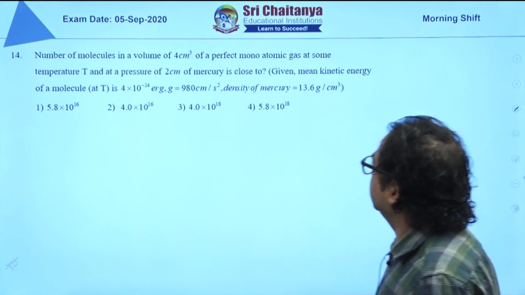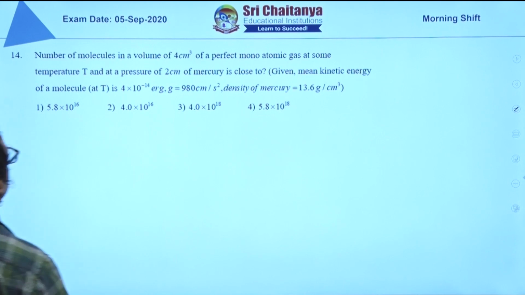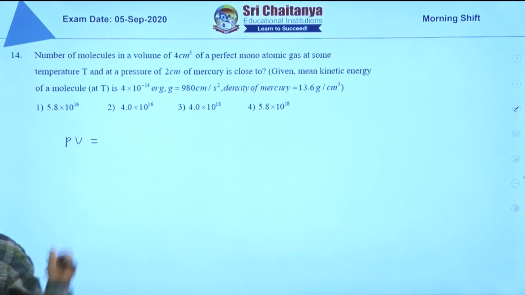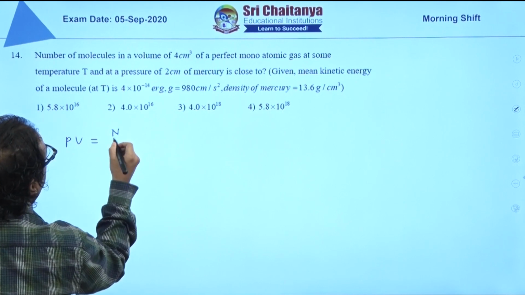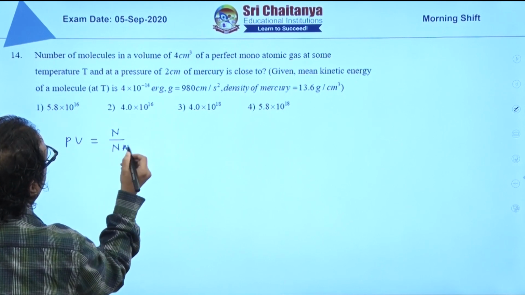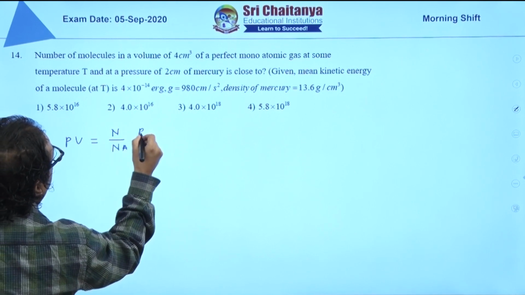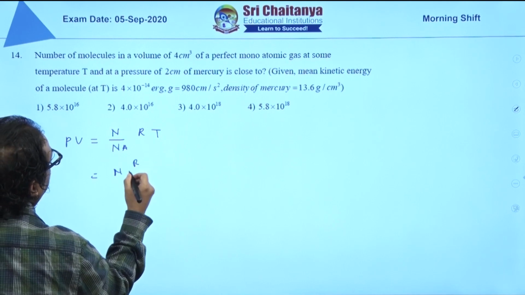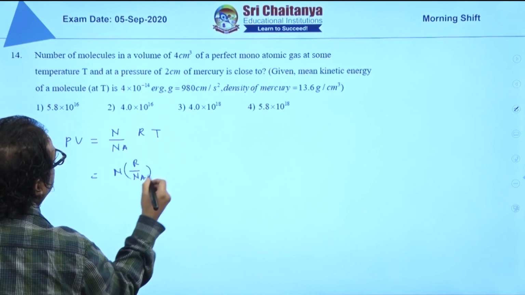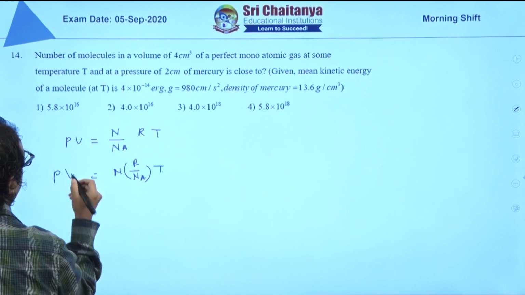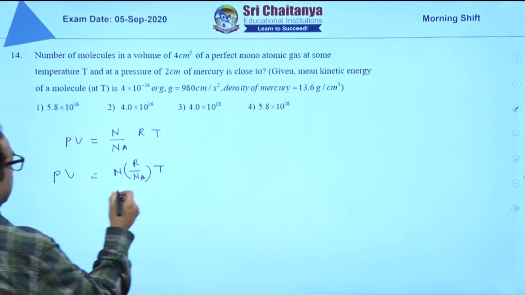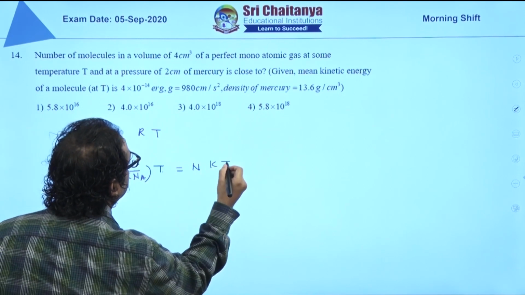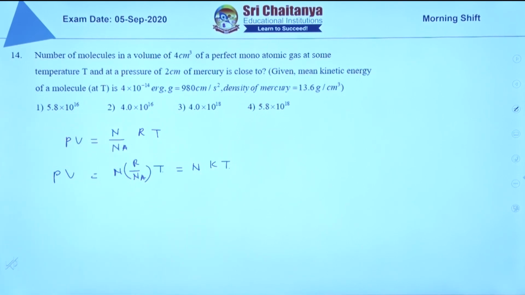Basically we can apply PV is equal to nRT. That is N divided by Na, number of moles, into R into T, which we can write as N into R by Na into T. So pressure into volume is N into K into T.